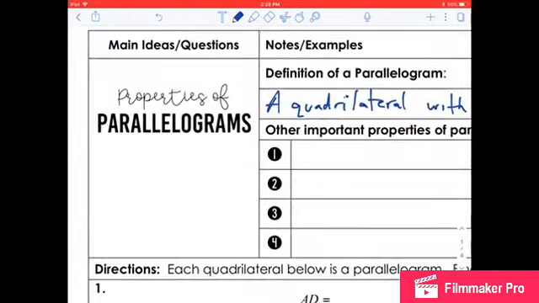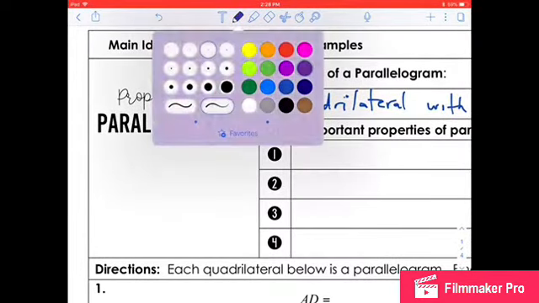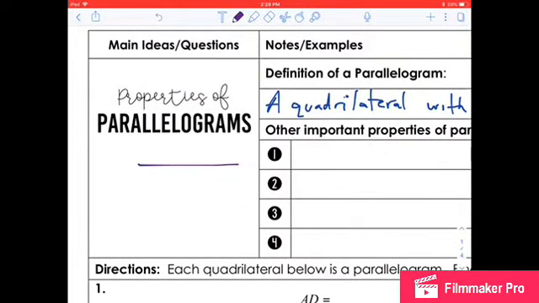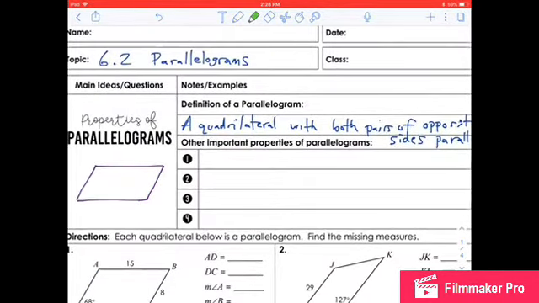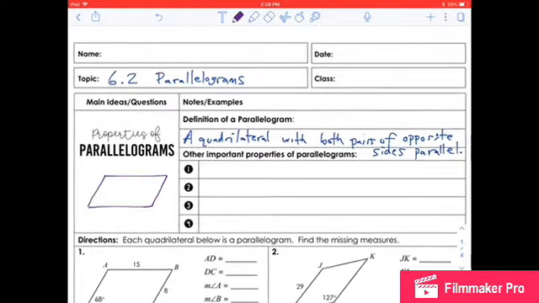So I'm just going to draw myself a parallelogram here. Okay, so that's a parallelogram because this side and this side are parallel, this side and this side are parallel. Okay, so with parallelograms, we have not only that they're parallel, but some other properties about it.